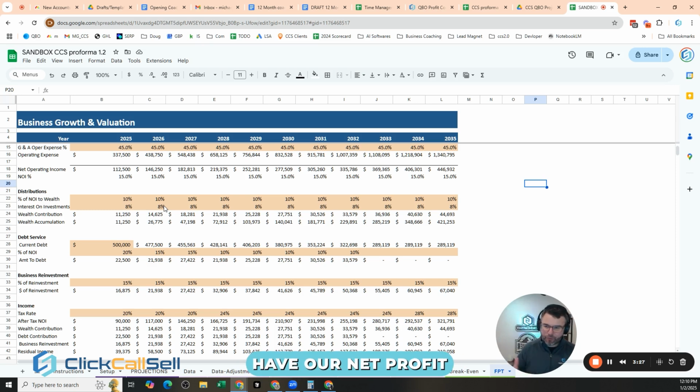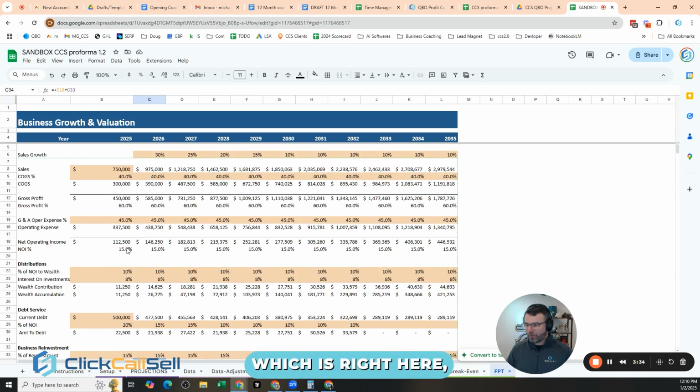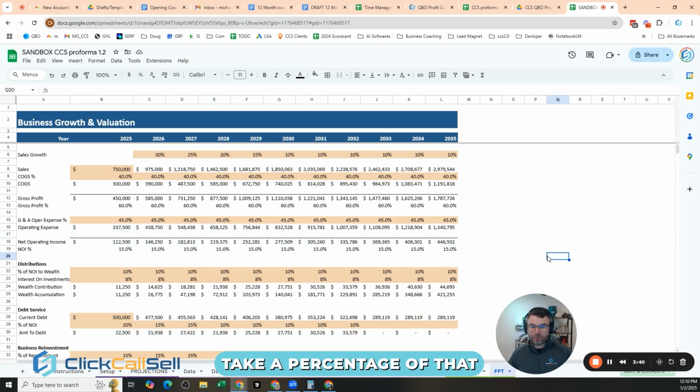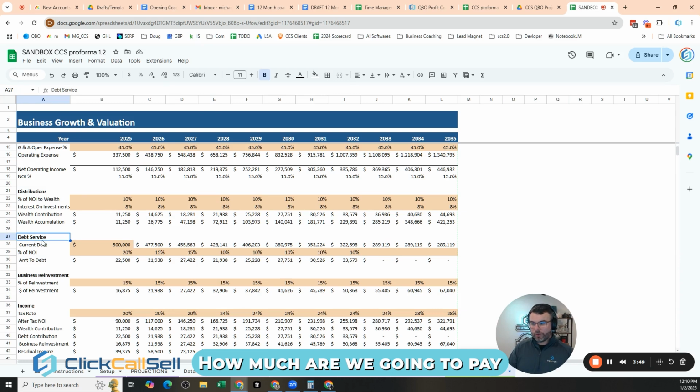So when we have our net profit from our business, in this particular example, right here, $112, $146, eventually $446,000, this is where we're going to take a percentage of that to pay ourselves, pay down debt, and reinvest. So what this section does is it says how much we are going to pay ourselves, how much we are going to pay down debt, and how much we are going to reinvest.